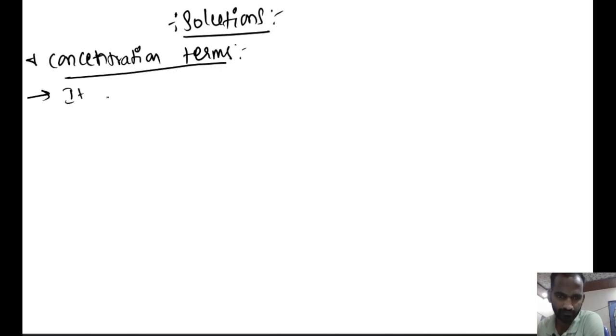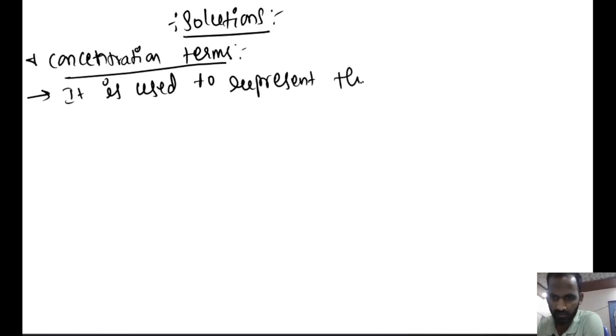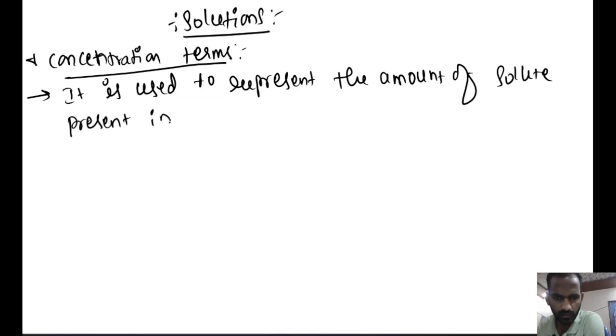It is used to represent the amount of solute present in solution. So how much amount of solute is there in a particular solution, that idea will be given by the concentration terms.